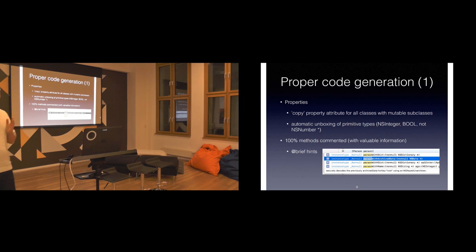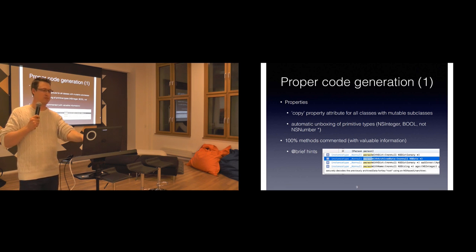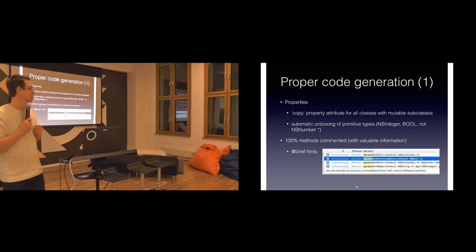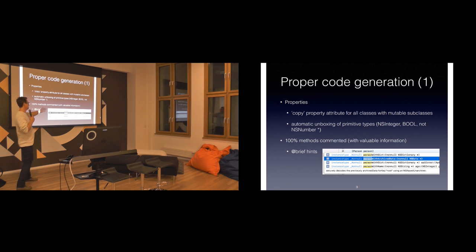I've commented 100% of the methods, the static ones as well as the generated ones. And what you can see here is I start typing my person. I wanted to initialize it, and there's some constructors. For example, init with dictionary, or person with archive data. So what is person with archive data?